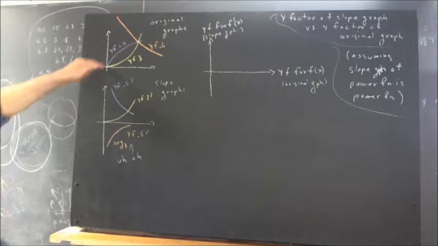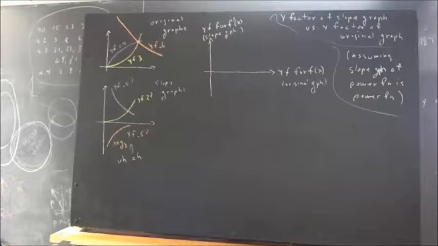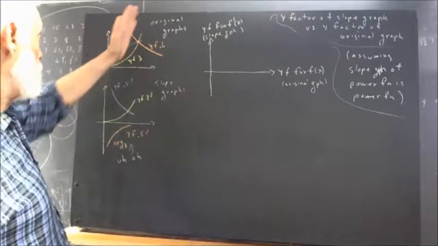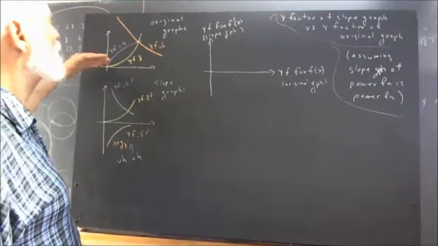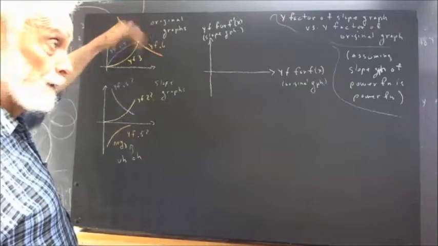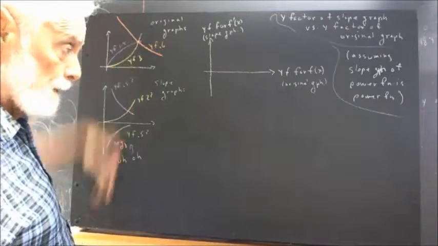Okay, well, I've got a few power function graphs here. There are basically three shapes a power function can have: concave up increasing, concave down increasing, and concave up decreasing. You can't have a concave down decreasing.